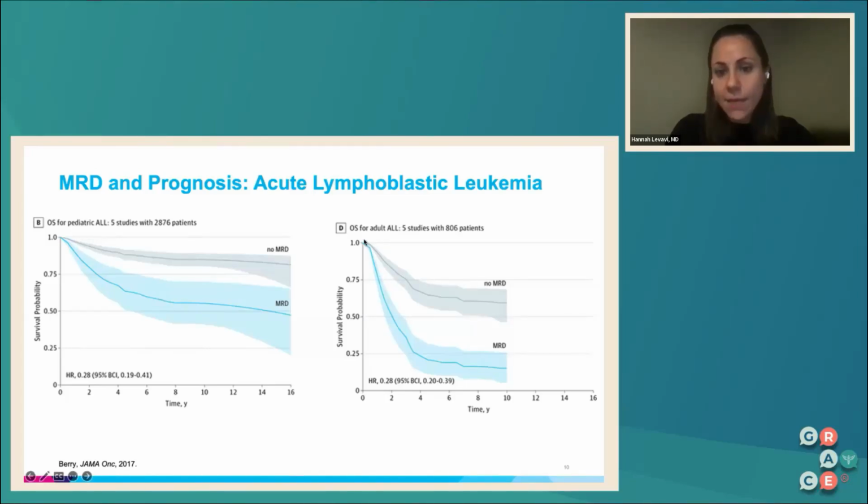And then here again, we see the same pattern in the survival of patients in the adult papers that were analyzed in this meta-analysis, where those who got to an MRD negative state, where there was no disease detectable even using the most sophisticated detection methods at that time, did much better than those who did not get to that MRD negative state.